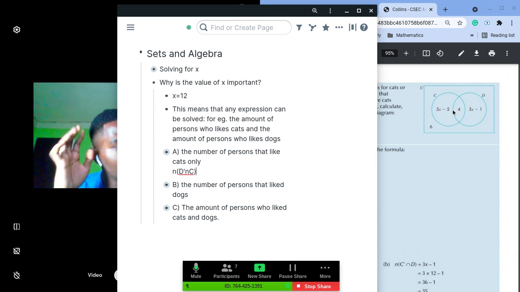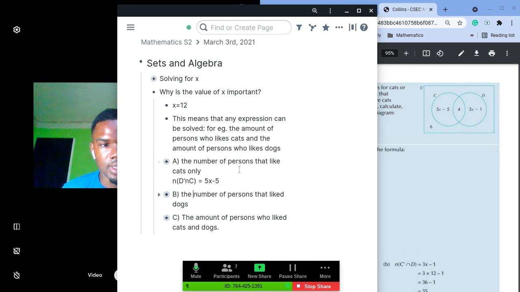So I want only persons who like cats only. So I'm going to say D's complement and the intersecting region of C, which is 5x minus 5. So this removes this range and gives me only this expression. So we're going to put is equal to 5x minus 5. That's what I wanted to practice.